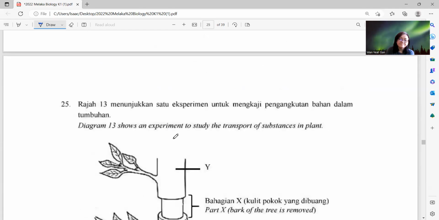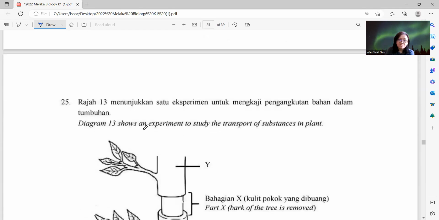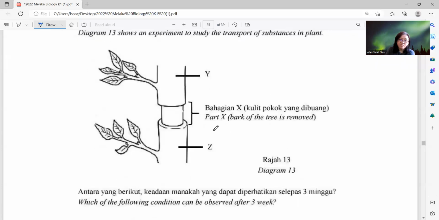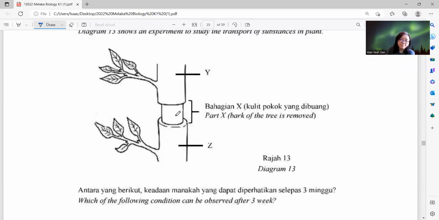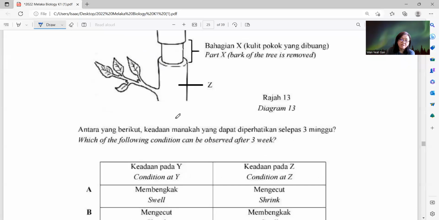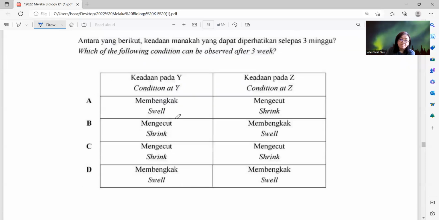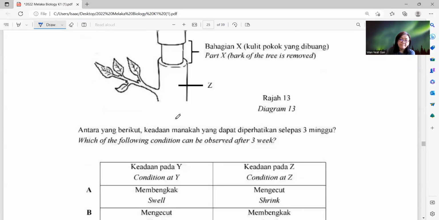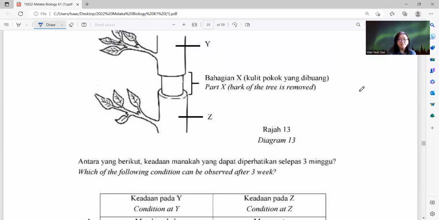25. Diagram 13 shows an experiment to study the transport of substances in plants. So part of the bark has been removed. Which of the following conditions can be observed? Here, the upper part, since the part of the bark has been removed together with the phloem.